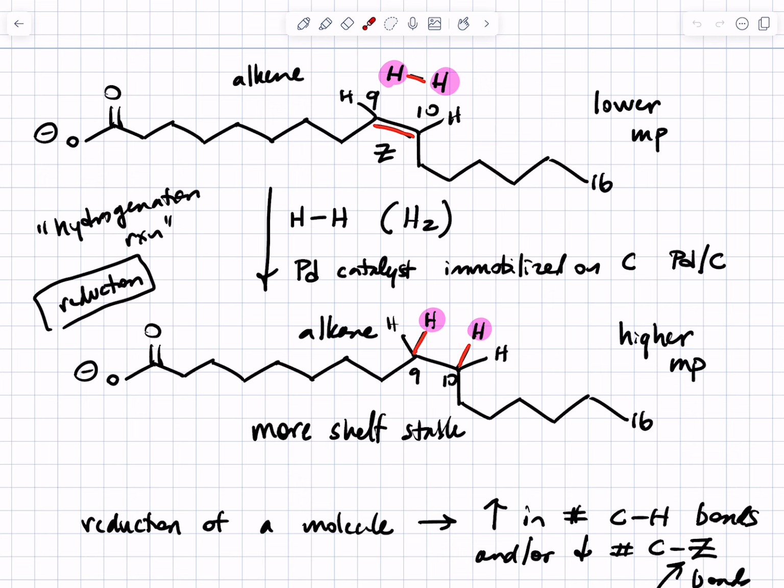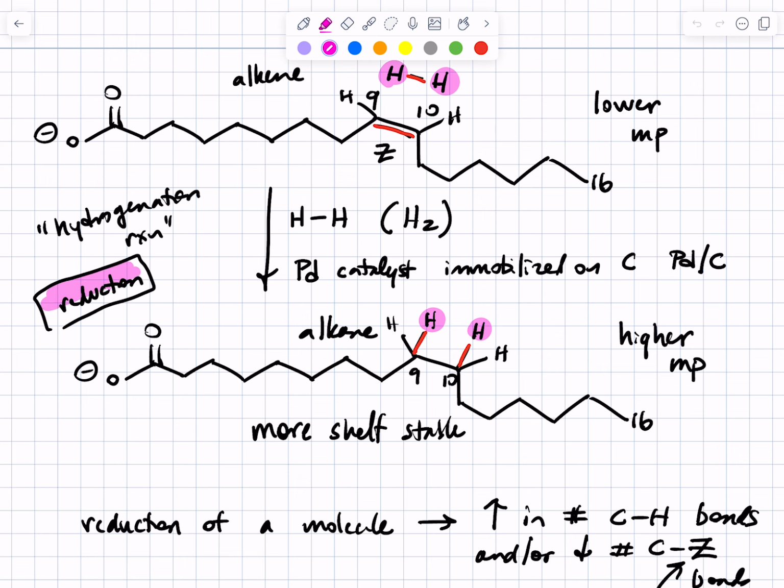You can call it a hydrogenation reaction. That's how we hydrogenate vegetable oils to get rid of the double bonds that are reactive so that the oil will have a longer shelf life. But I told you this reaction was an example of a kind of reaction called a reduction.